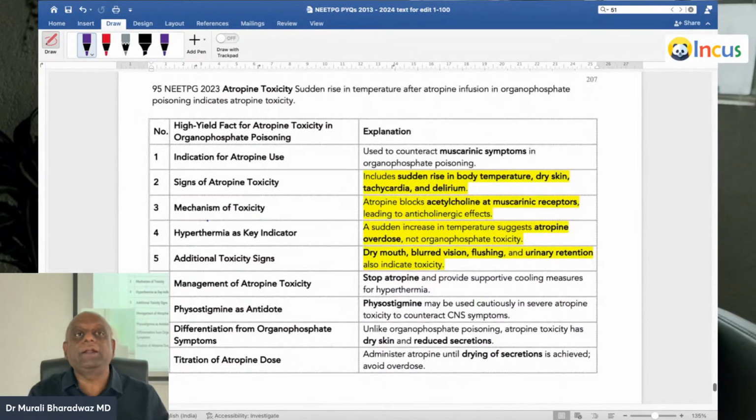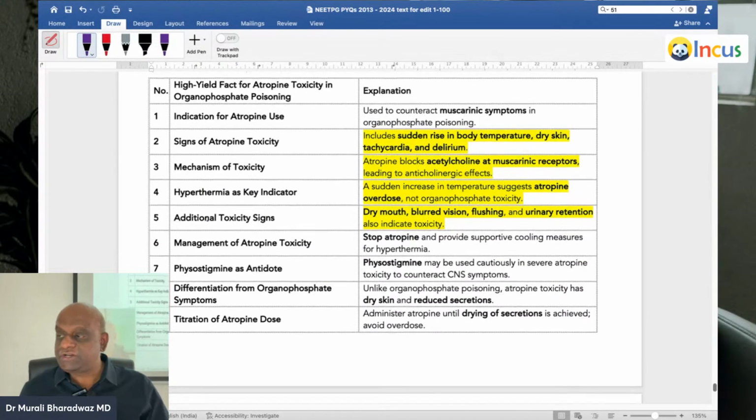Now coming to atropine toxicity. Atropine is an antagonist to acetylcholine. So that leads to rise of the temperature, skin becomes dry, tachycardia, delirium, etc. So dry mouth, blurred vision, flushing.